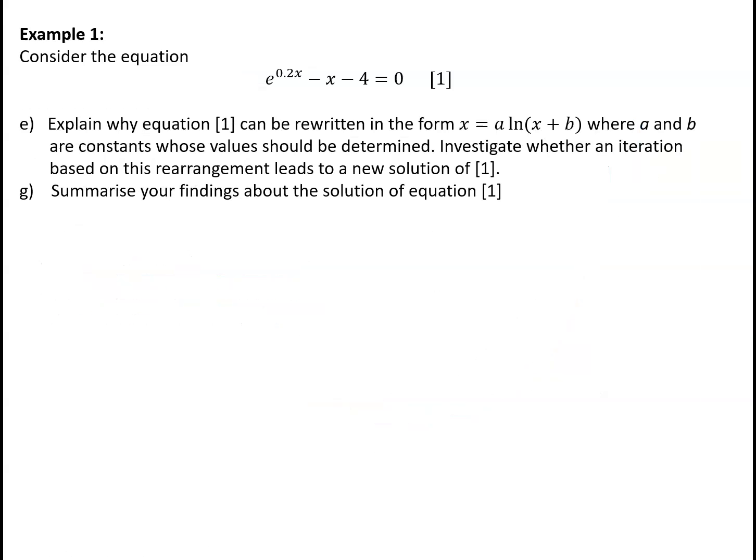Going back again to the equation e to the 0.2 x minus 4 equals 0, we've got to rewrite this equation in the form x equals a times the logarithm of x plus b. Well, starting with equation 1, if we isolate the e to the 0.2x term on the left hand side, then we'll obtain e to the 0.2x equals x plus 4.